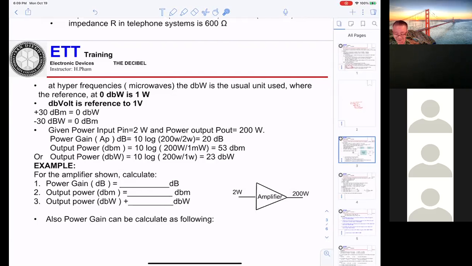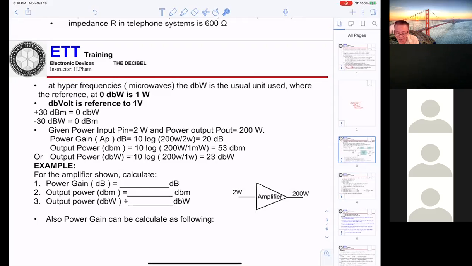Output power in dBm: if you want to convert it into dBm, then it equals 10 log of 200 watt divided by 1 milliwatt. That gives you 53 dBm. And they also want it in dB watt, then you take 10 log of 200 watt divided by 1 watt. You get 23 dB watt.